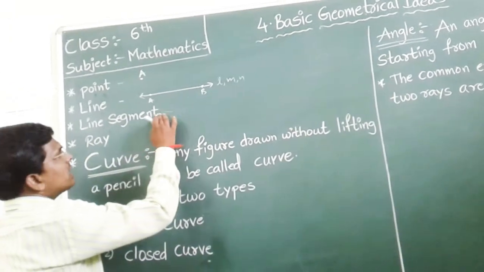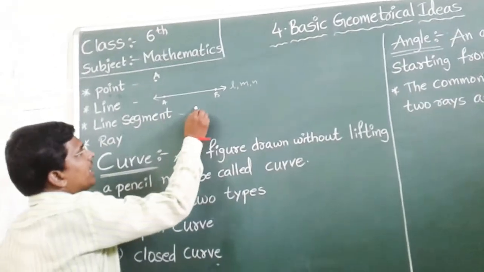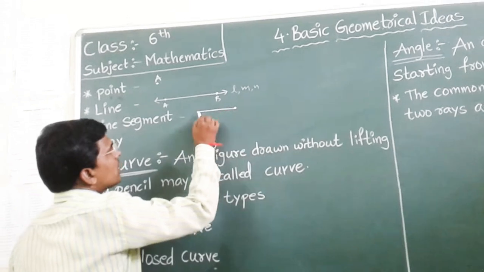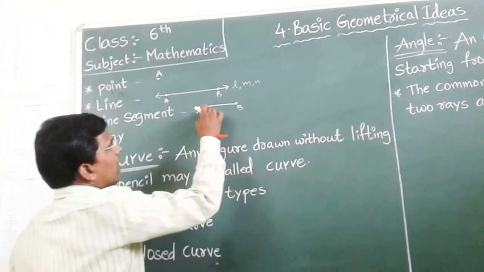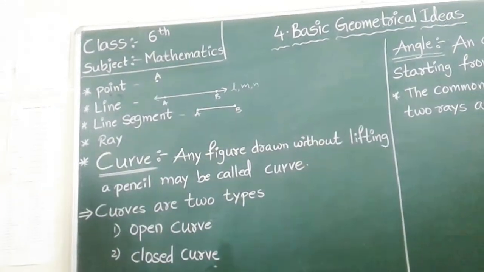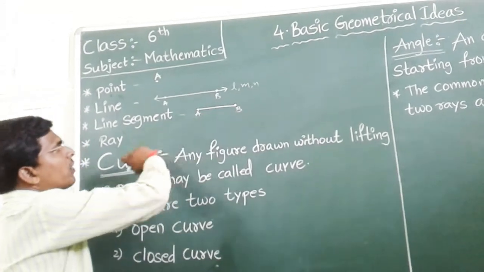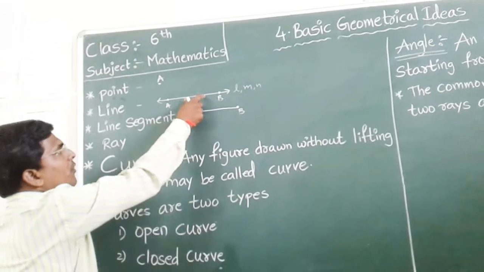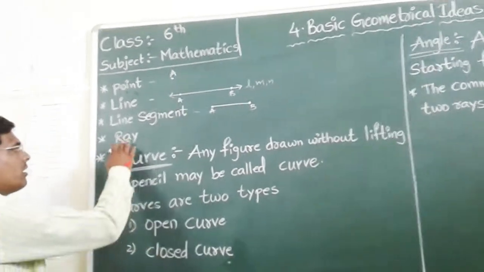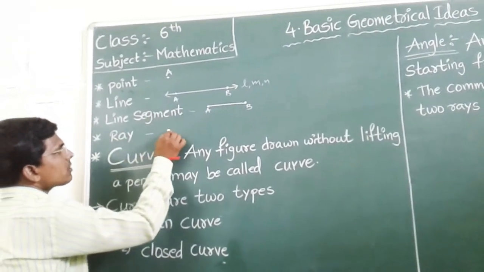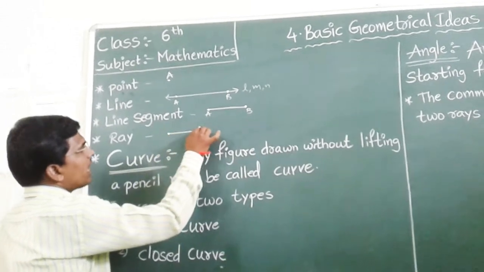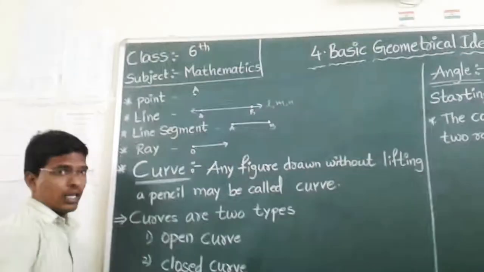A line segment is a part of a line, and it has two fixed points A and B and a fixed length. It has two end points. And finally, a ray has only one end point, that is the origin.